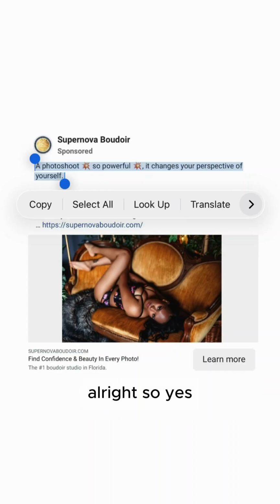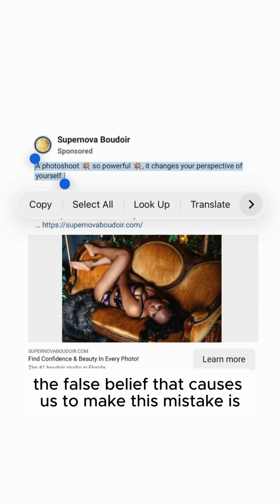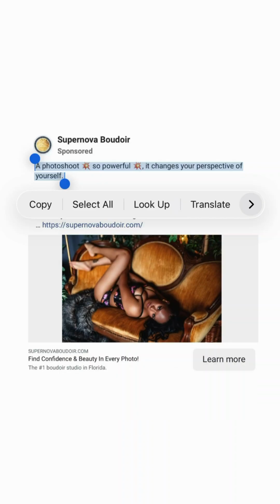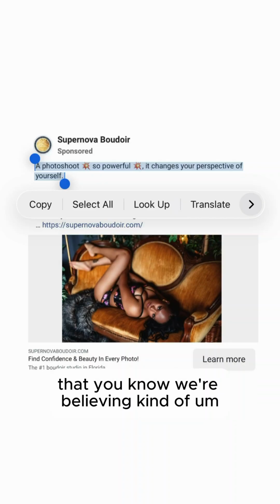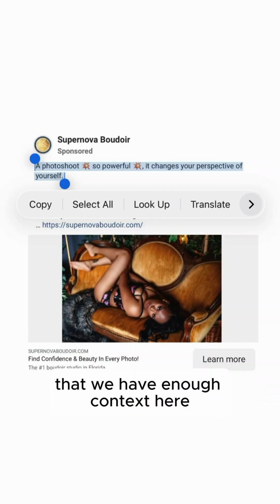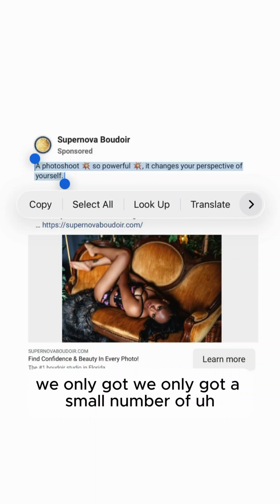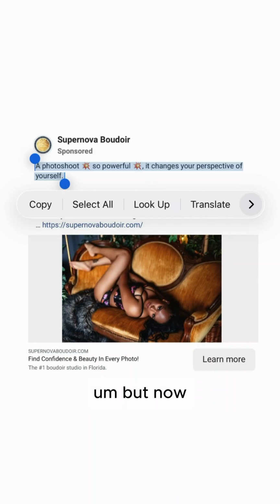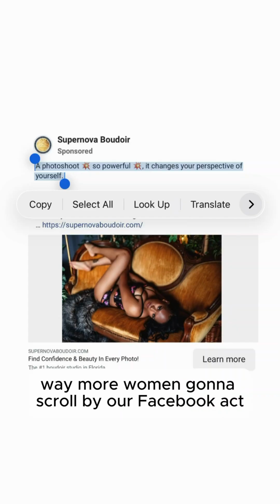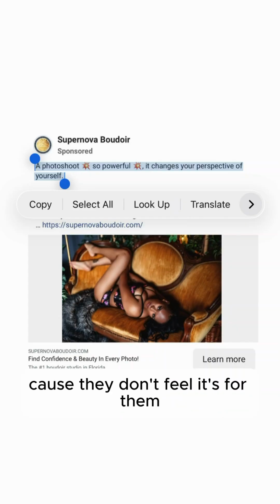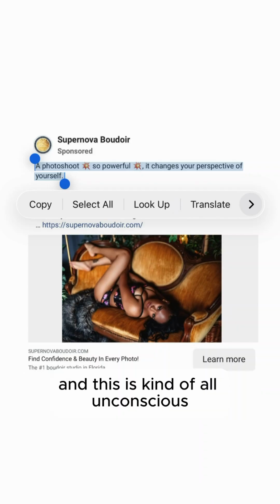All right, so yes, the lack of context mistake. The false belief that caused us to make this mistake is that we're believing that we have enough context here, but it's not. We only got a small number of context points. But now the consequence of this is way more women going to scroll by our Facebook ad because they don't feel it's for them, and this is kind of all unconscious.